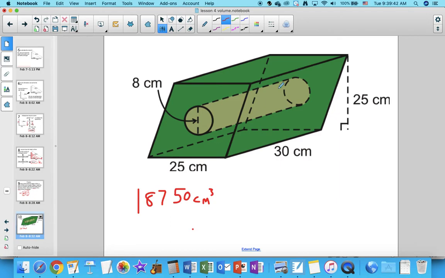Now once you take the cylinder out, the volume shrinks, right? There's a hole in it. Well, the volume that's missing is equal to the volume of the cylinder. So once you take the cylinder out, you've lost that volume. So you find the volume of the cylinder. Well, we know we have a diameter of 8, so we have a radius of 4.